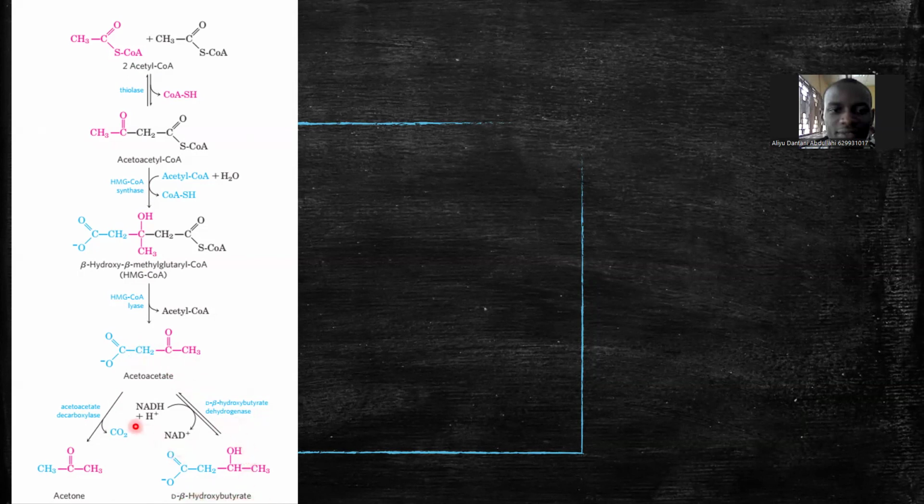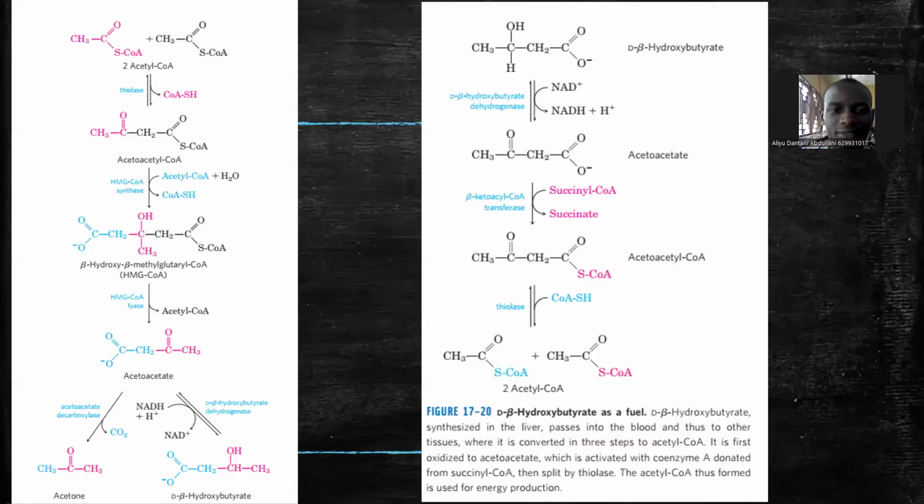This is a reduction because the reduced form of this coenzyme is oxidized here. So this is reduced, right? And the enzyme that does this is a dehydrogenase. So basically, this is proof of what we are saying.